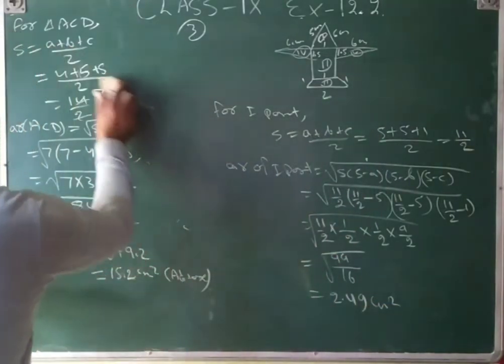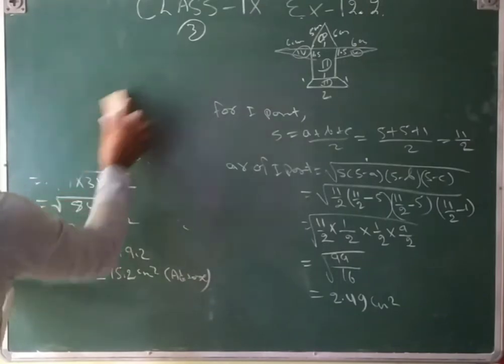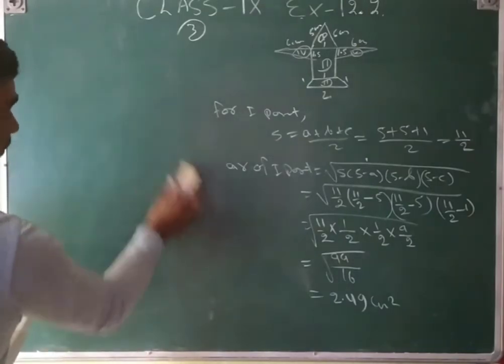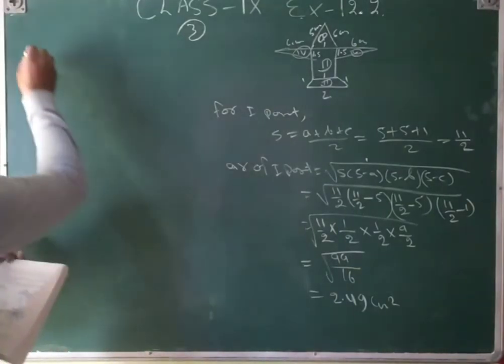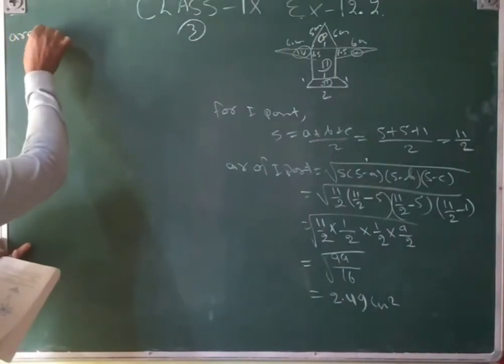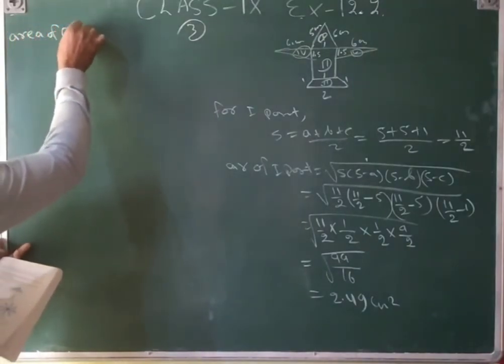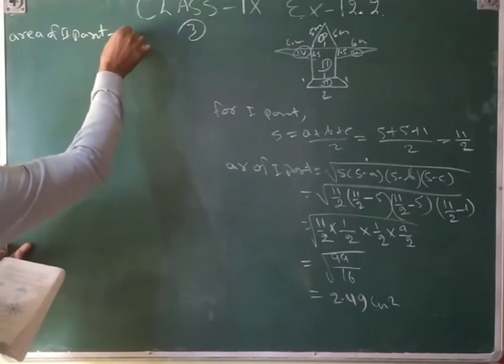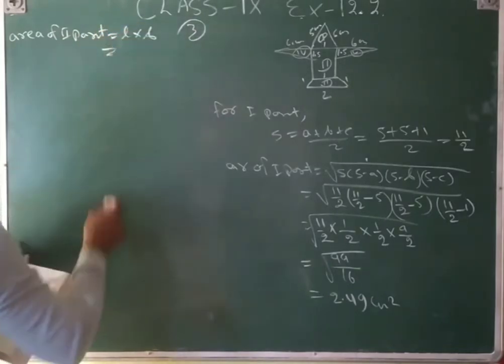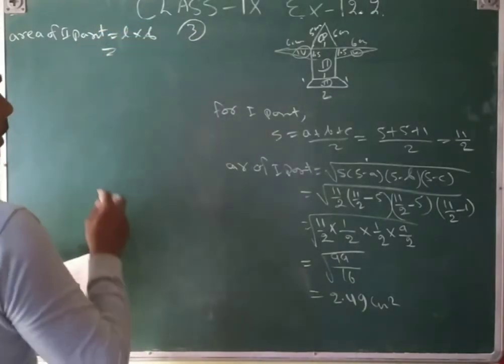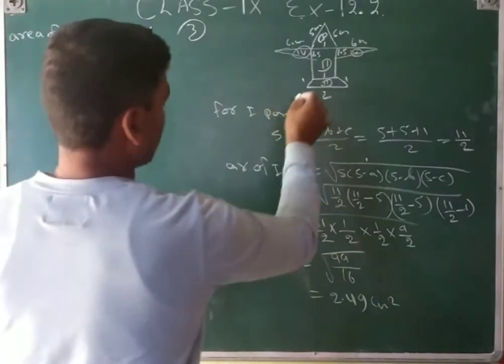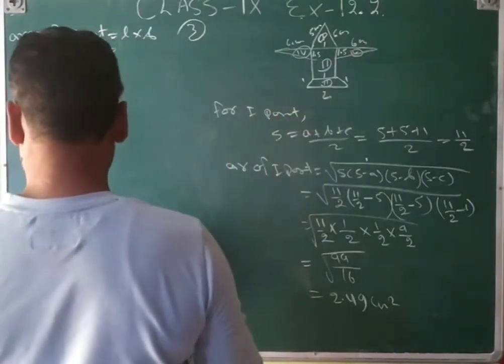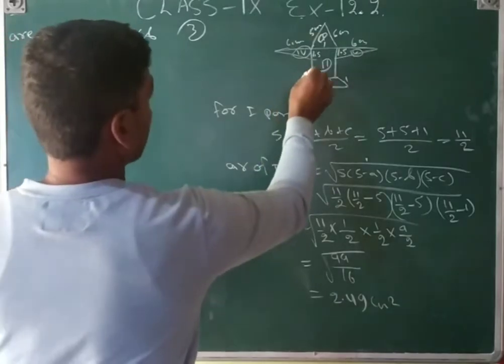And then area of second part. This is a rectangle, so length into breadth. The length is given as 6, you can see in the diagram.